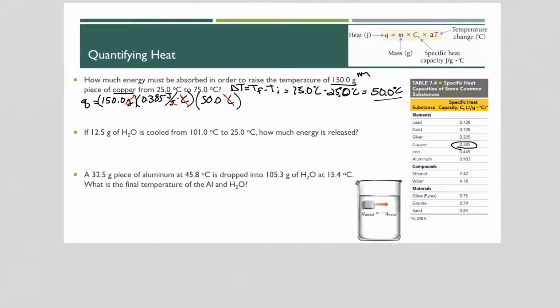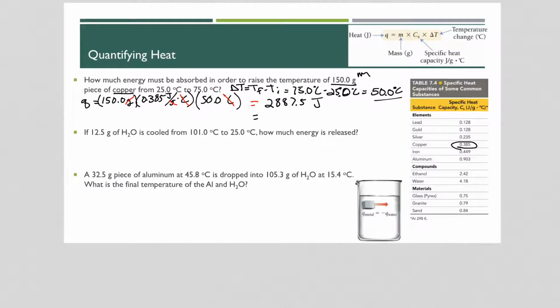So if we do the math here, we get a value of Q equal to 2,887.5 joules. Now, significant figures: we're going to be at 3. So this is going to be down to 288. There's my 3.